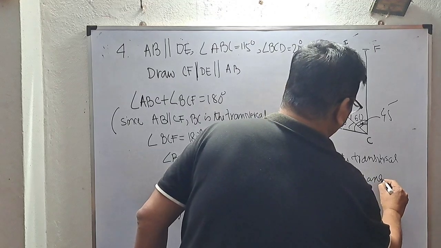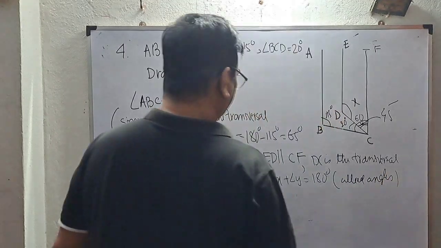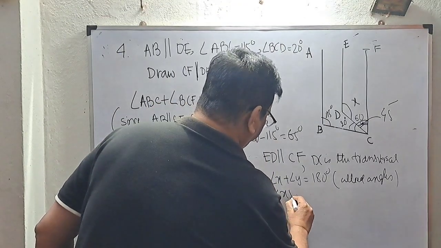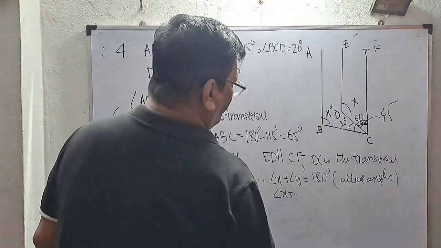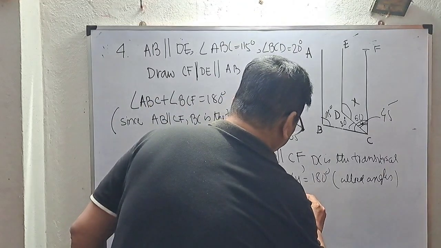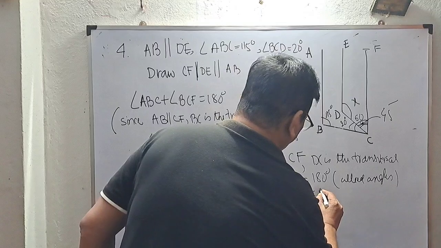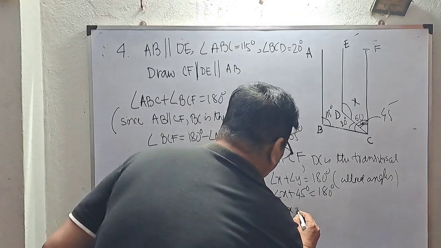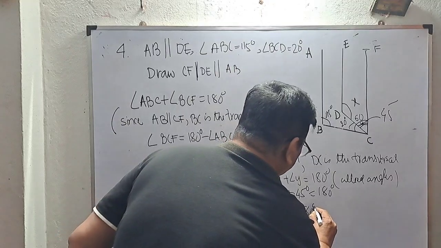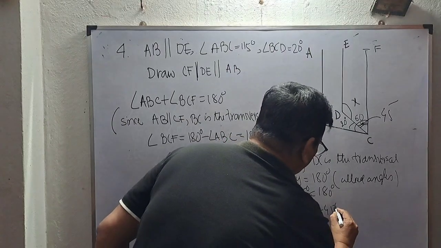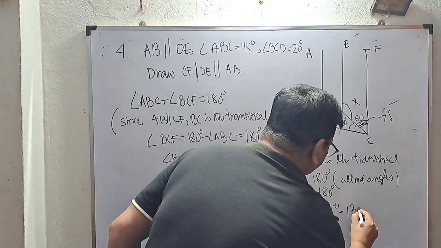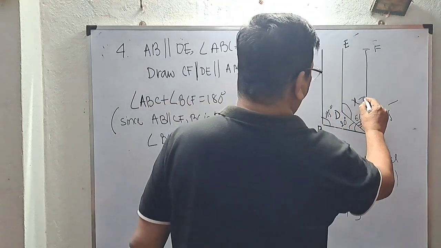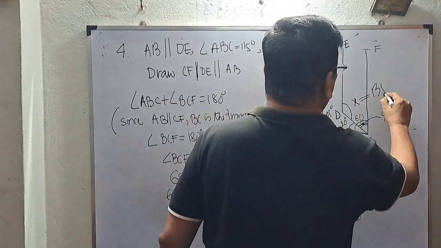Allied angle. Correct? So, angle X plus 45 is equal to 180 degree. So, therefore, angle X is equal to 180 minus 45, which is equal to 135 degree. So this angle is equal to 135 degree.